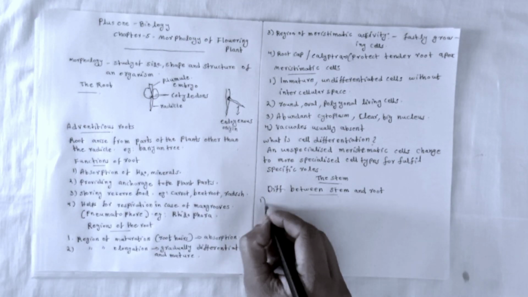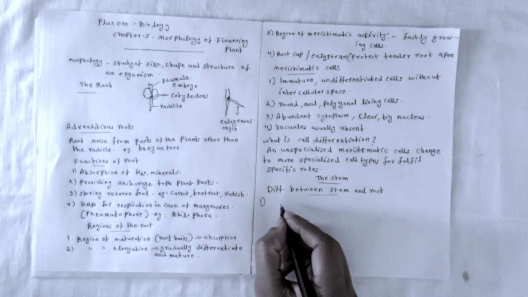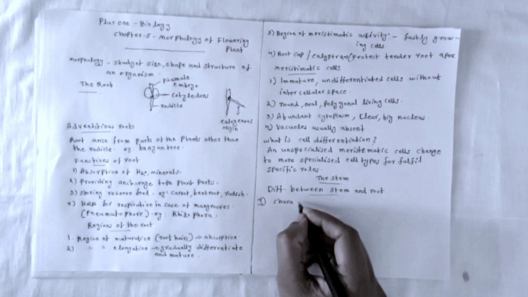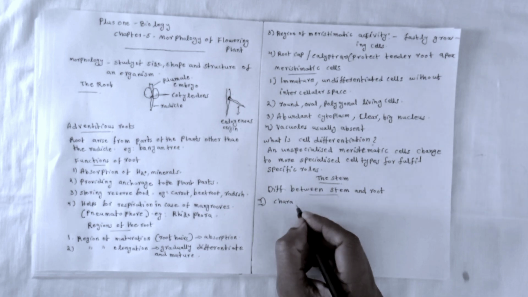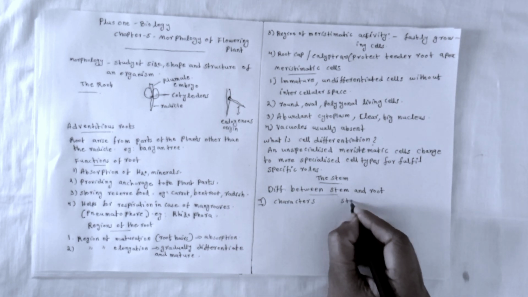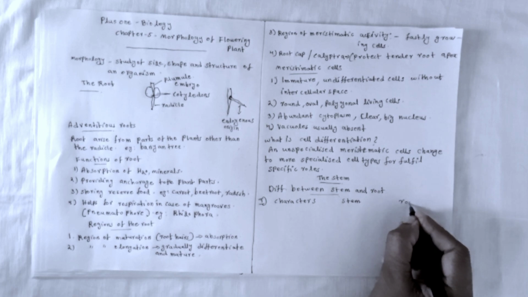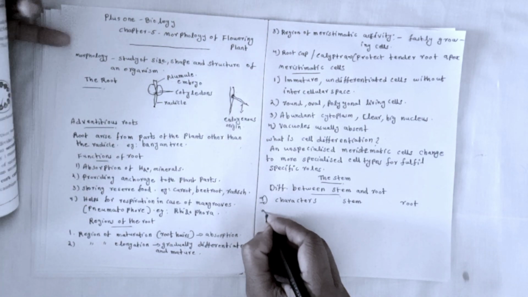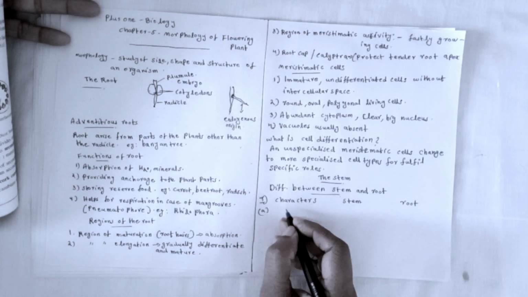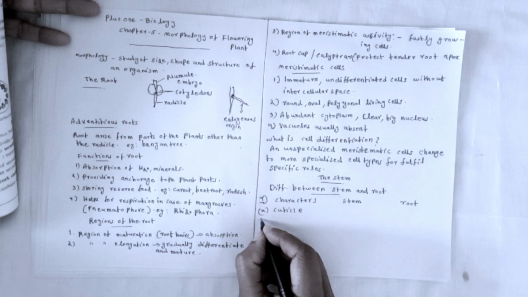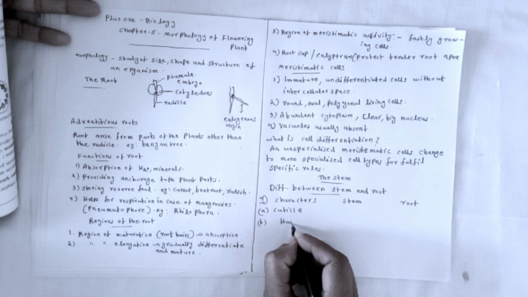First, character: stem and root. First, cuticle. Second, hair.